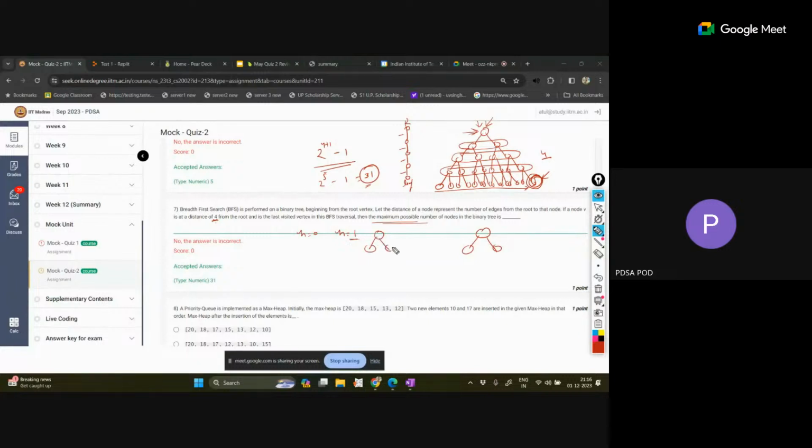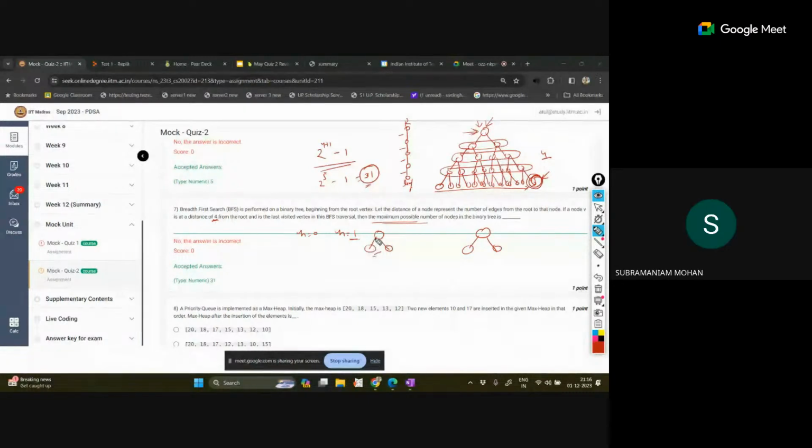In this case, we have more than one node, so we will check what is the longest path from root to leaf. We will count the number of nodes in this path, and then we can define the height. So in this case, what is the longest path from root to leaf?